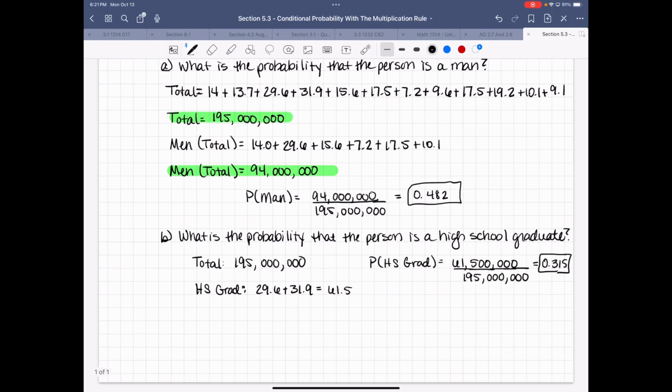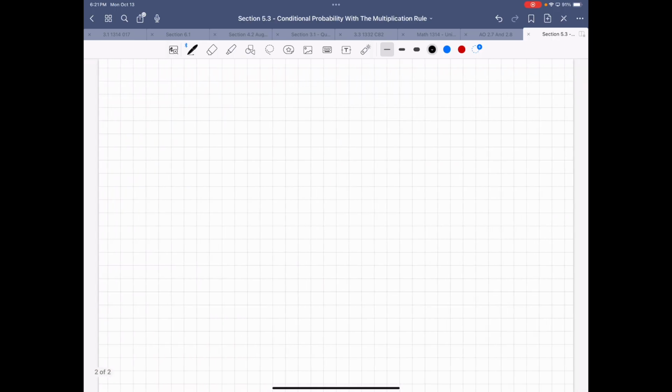All right. C asked me, and I'm going to flip to the next page because I don't really have enough room right there.